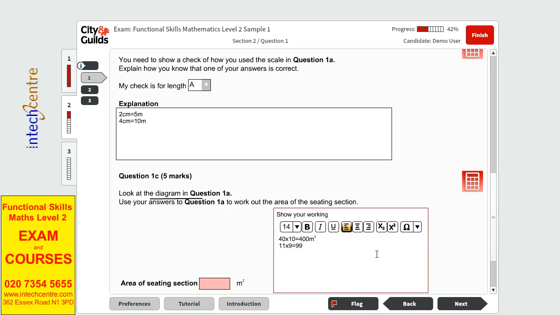Perfect. And then together we will have 400 plus 99, 499 meters squared. You can also put M2 as well. Either way, it's fine. Okay, I will have to get rid of this line. Perfect.